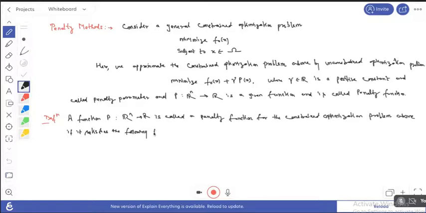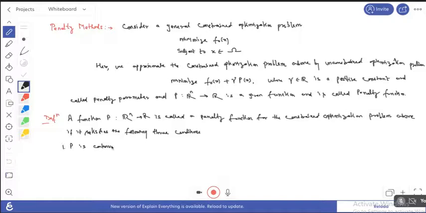The first condition is that the penalty function P is continuous.